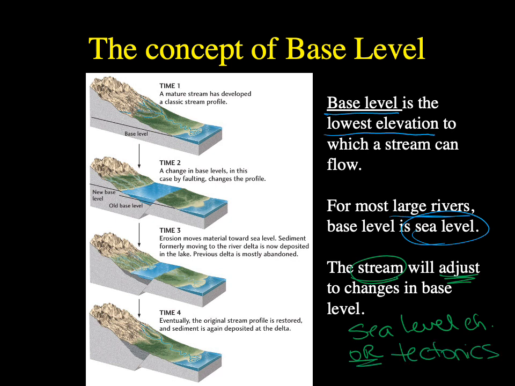What I mean by tectonics is, say the land surface gets lifted up. Say you build mountains and you take a stream that was once at sea level and you raise it up several hundred feet. Now it's going to have to react because base level is below it. So just remember, base level is the lowest elevation a river can get to, and for most rivers, that is sea level.